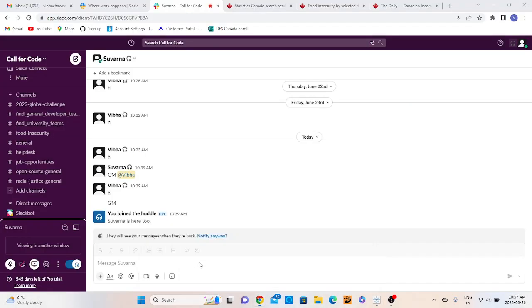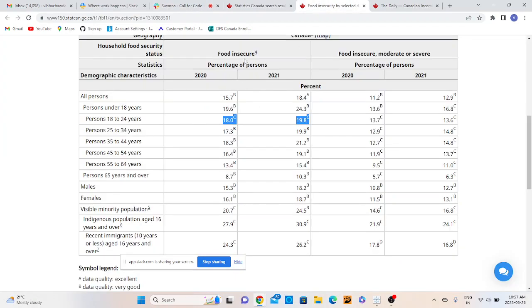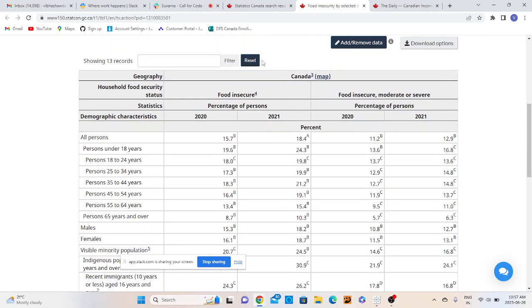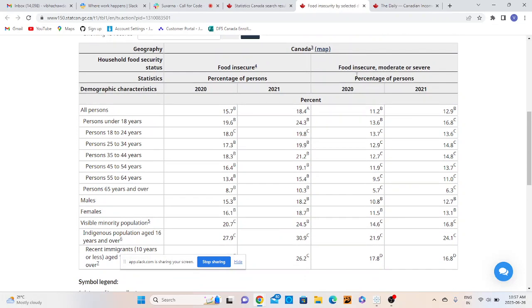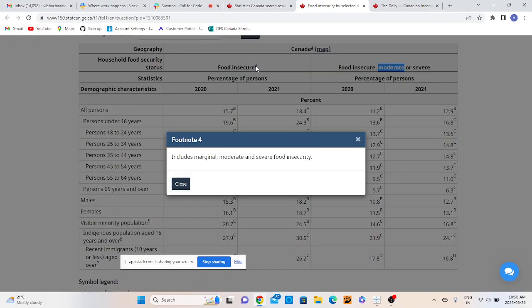Yeah, I need to understand what is the difference between the two data. What is meant by moderate and severe, and what is meant by moderate or severe, because in this data it is the same. It's showing food insecurity moderate or severe, and these two percentages they have given, and here also.